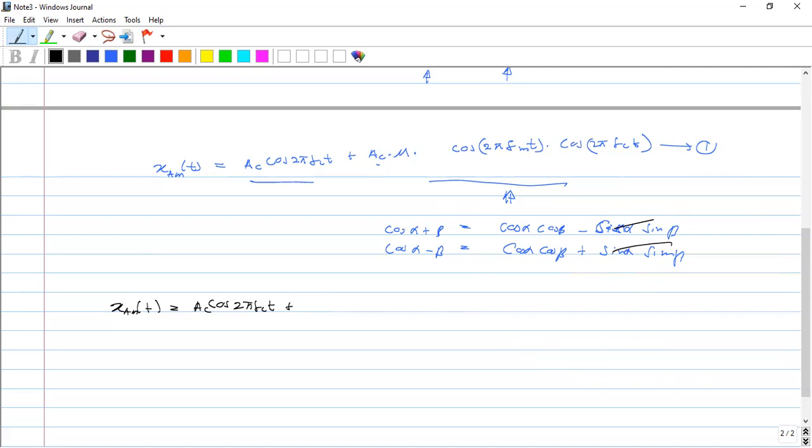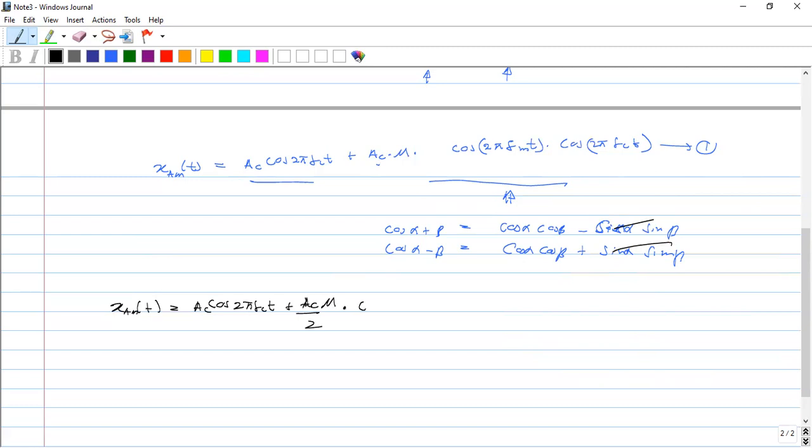So you have to divide cos(alpha plus beta) plus cos(alpha minus beta) by 2. So you have half of this, with AC mu there. So I will get that AC mu.